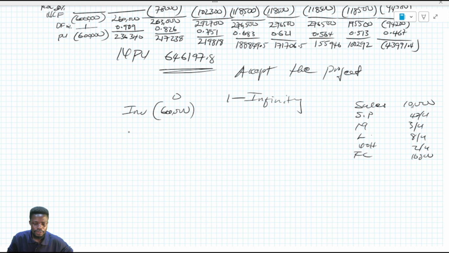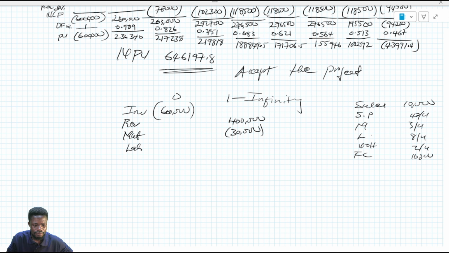So selling price, you say revenue. Revenue here, you bring it one to infinity. You have 400,000, and also your materials, 30,000.